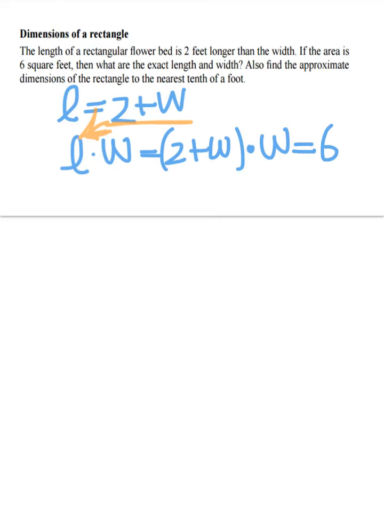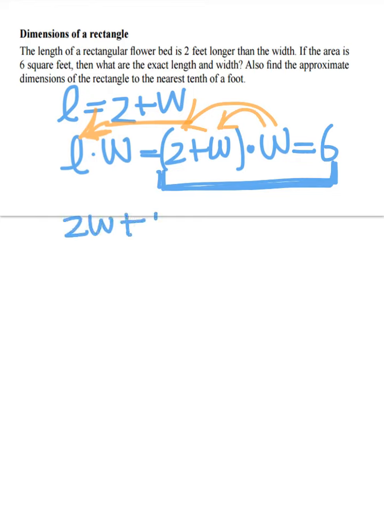So now we're going to try to change this into a more familiar form, quadratic form. I'm going to first distribute this w into 2 plus w. So it'll be 2w plus w squared still equals 6.